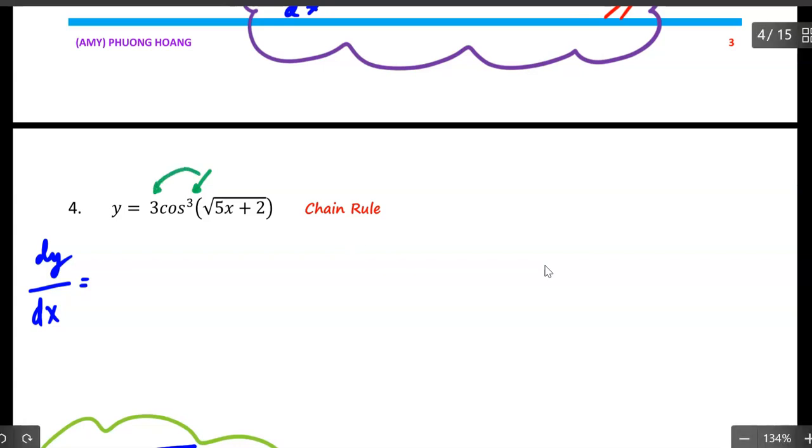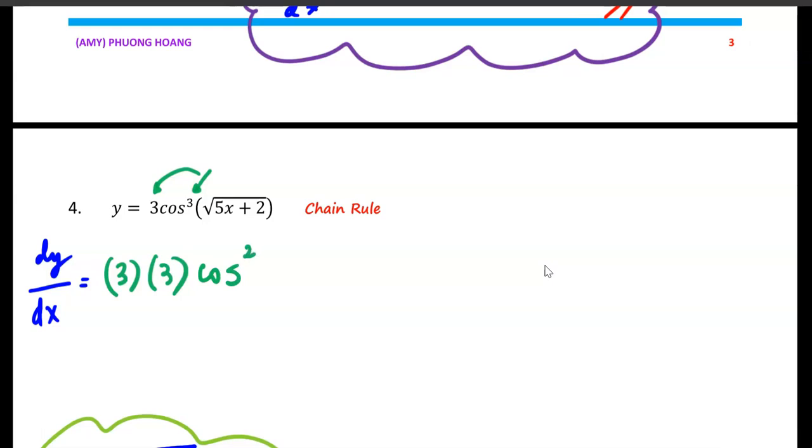So let me write it step by step. I will write 3 times cos, and then I immediately take 1 away from that exponent, so that will be 2, but I have to write the exact argument again.